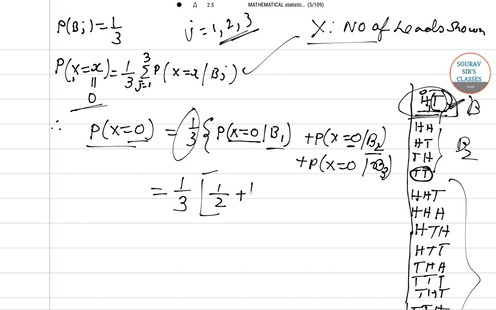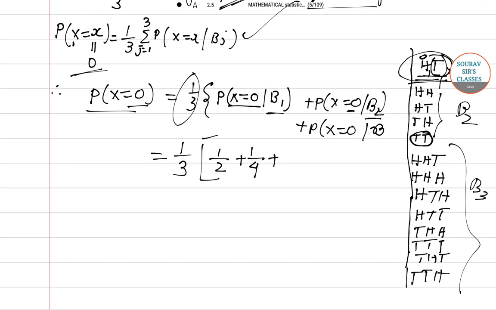So we'll write it 1 by 4. Similarly, in case of ball 3, there is only 1 possibility, that is tail, tail, tail, when there is no head. No head basically means x equals 0. So we'll write it 1 by 8. That is, out of 8 possibilities, there is only 1 case when there is no head. Now if you simply solve it, we'll get the value to be equal to 7 by 24.